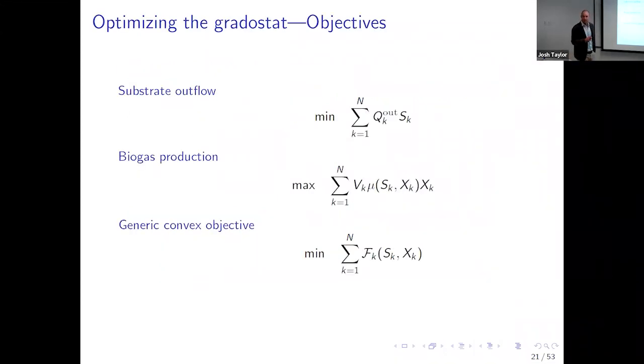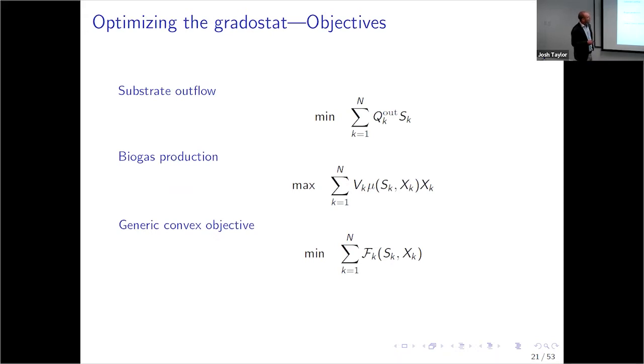Okay, so now let's actually set up the optimization problem. We could have a number of different objectives, like minimizing the outflow of substrate. In the application, that is basically minimizing the quantity of untreated wastewater that is being released, basically passing through the plant. We might maximize the production of biogas.